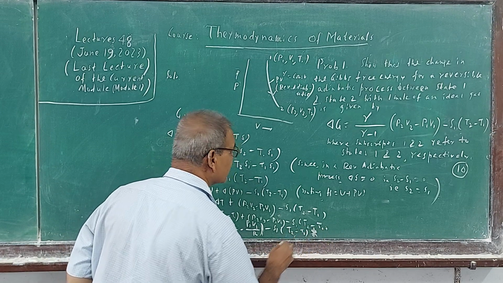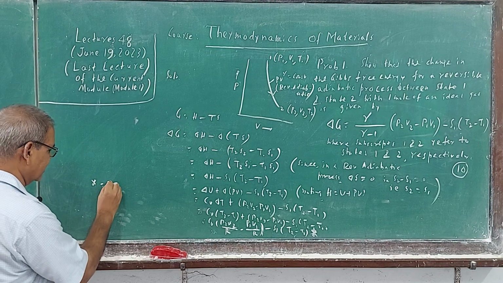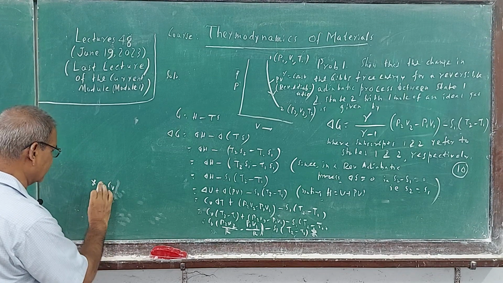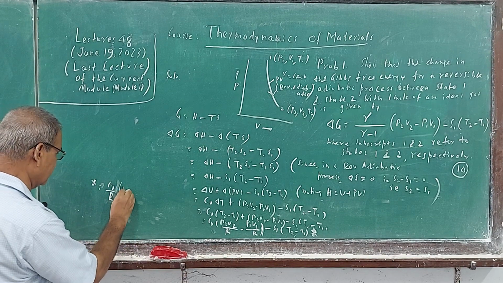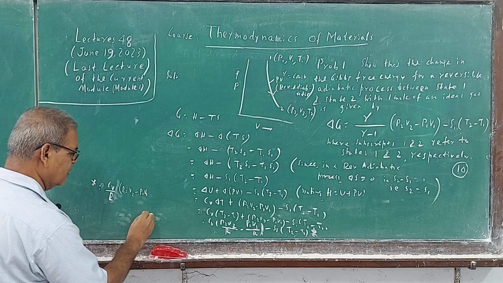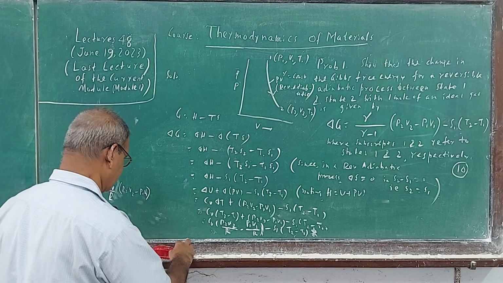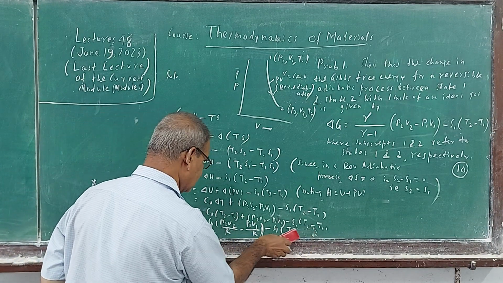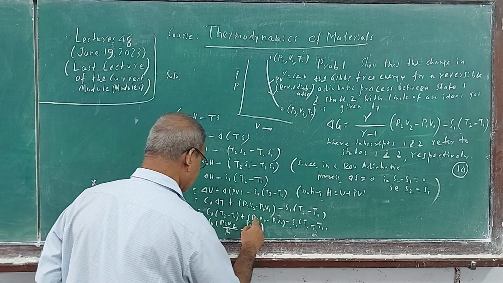Shall I complete this? So the last part is Cv by R times (P2 V2 minus P1 V1). Oh, there is another one; sorry, I missed one term.